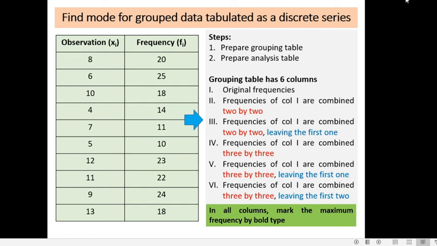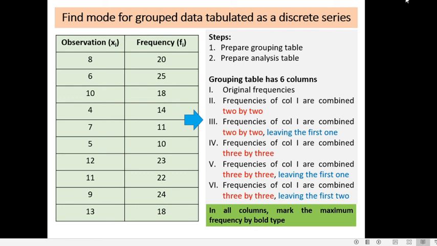In column 5, the frequencies of column 1 are combined again 3 by 3, leaving the first one. In column 6, frequencies of column 1 are combined 3 by 3, leaving the first 2. In all these columns, the maximum frequency obtained is to be marked as bold.